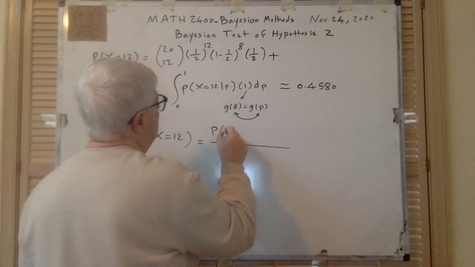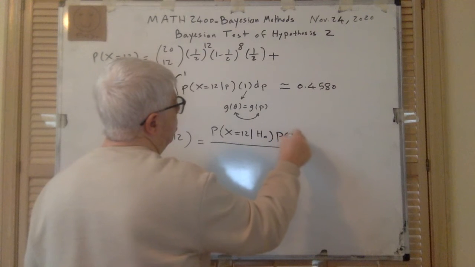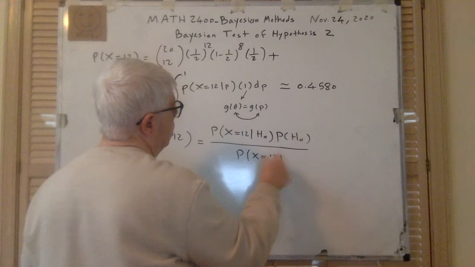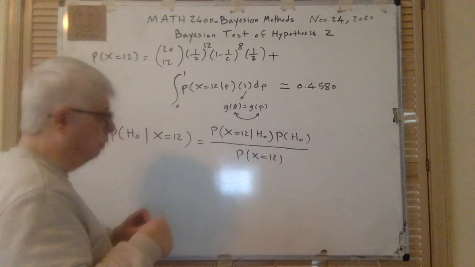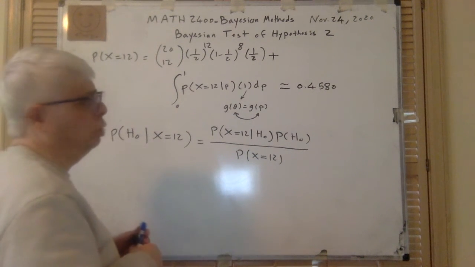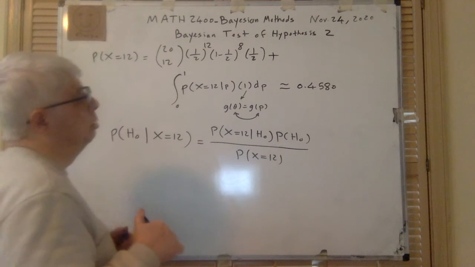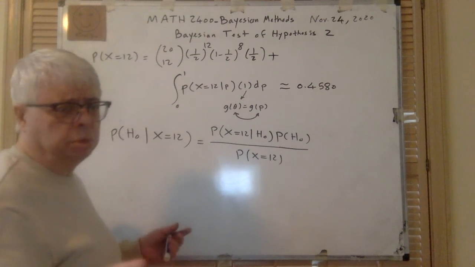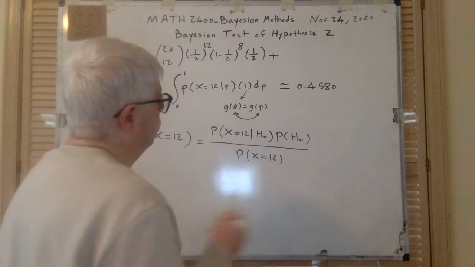So that is P of X is 12 given H0, times the probability of H0, divided by P of X is 12. Now, when I finish this, you might say there was no need for P of X equals 12 because it cancels out. Yes, when you are finding the Bayes factor K, you really don't need that. That's true. But it was a good practice on how to find it.